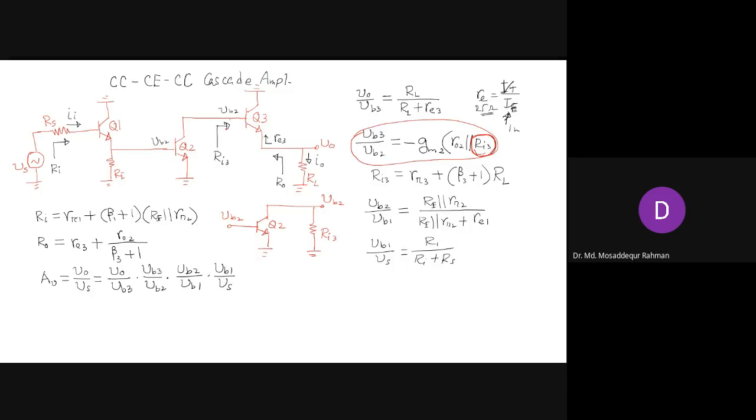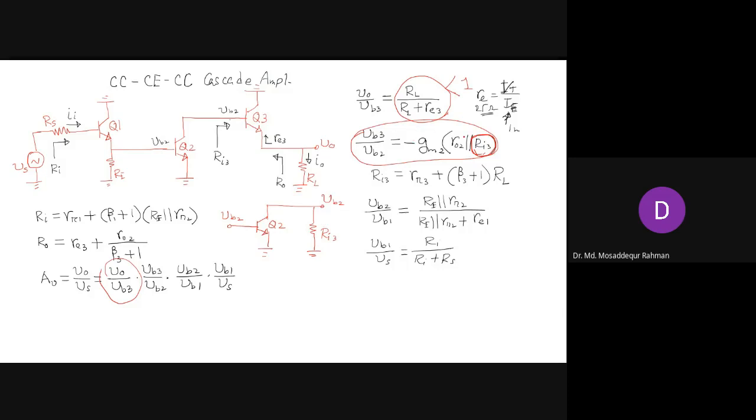The input resistance of Q3 works as the load. And we have this additional term that we didn't have, the gain of the common collector, which is less than 1, because we are assuming RL is very low, about a few ohms.